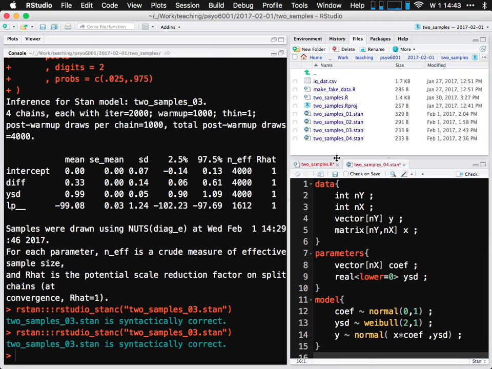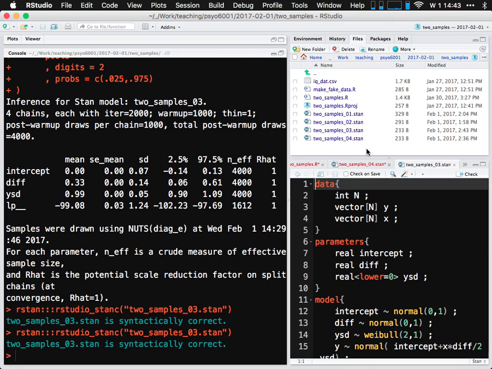Okay, so the difference between 03 and 04 is that 03 expected a single vector as our predictor, and it handled the intercept.